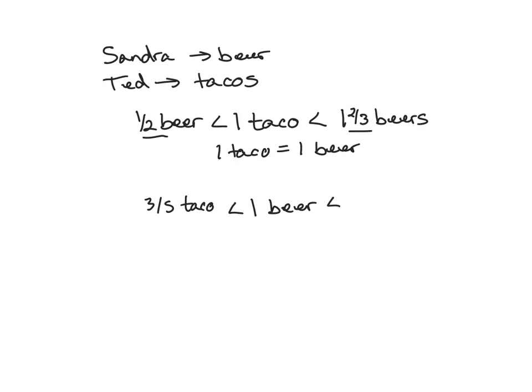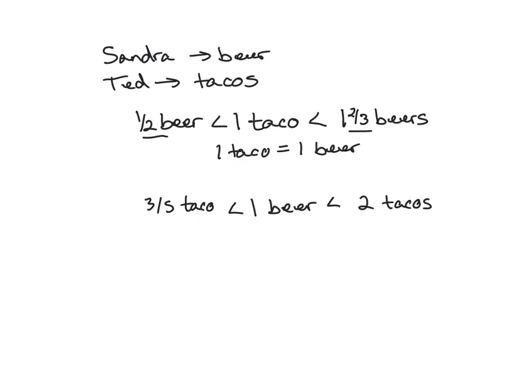But what is the maximum amount of tacos Ted is willing to pay for one of Sandra's beers? Well, again, if you go back and look at the opportunity cost of a beer for Ted, it's 2 tacos. So Ted is willing to pay up to 2 tacos for one of Sandra's beers.